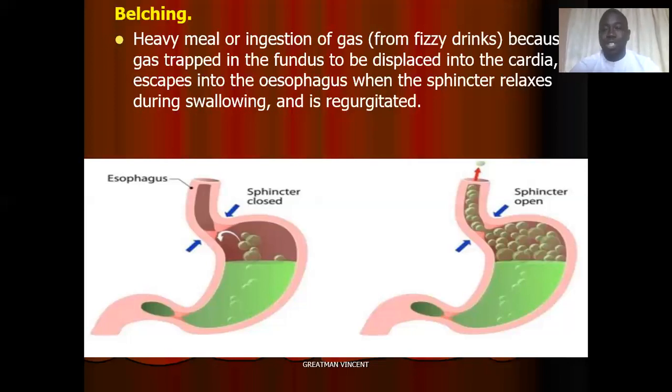So you also want to be careful of the food you take in. You don't want to be talking whilst eating, so that all these abnormalities cannot come in. Don't forget, we have dysphagia, just as I said earlier, which is difficulty in swallowing. So these are many more conditions correlated with swallowing.